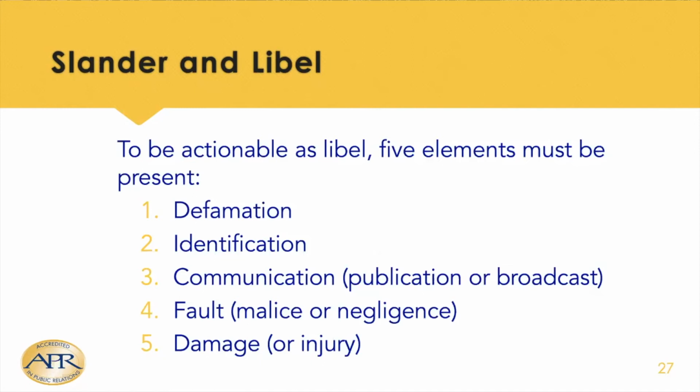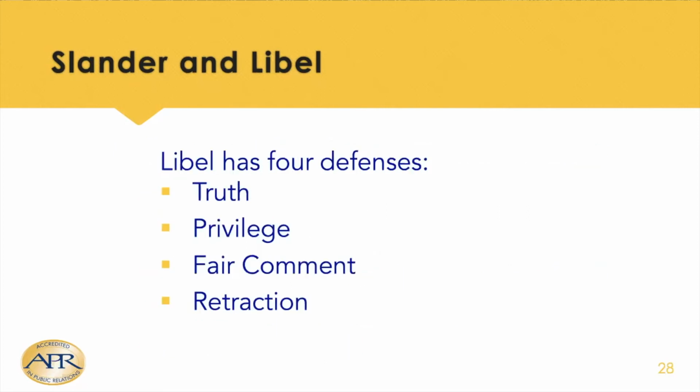And then the other aspect, of course, is, was the person's reputation damaged? Was there actually some sort of injury or damage to this individual as a result of what was published or said? So you have to have these 5 elements for libel to even occur. And if you don't have all 5, then you're not going to have a case to go forward. All right, so those 5.